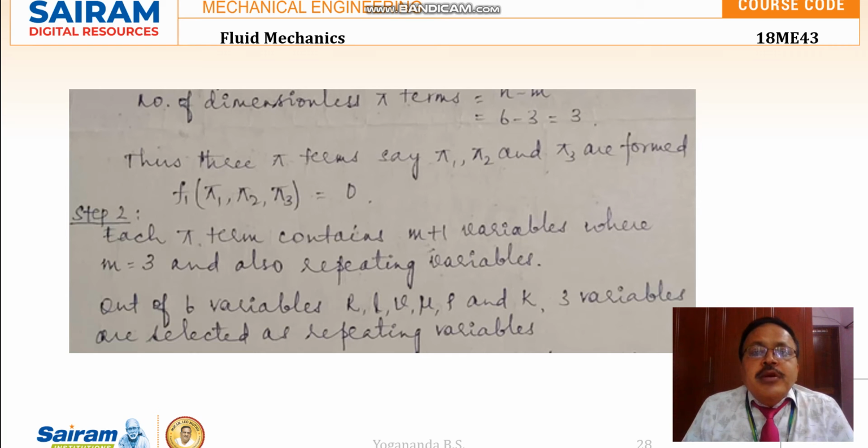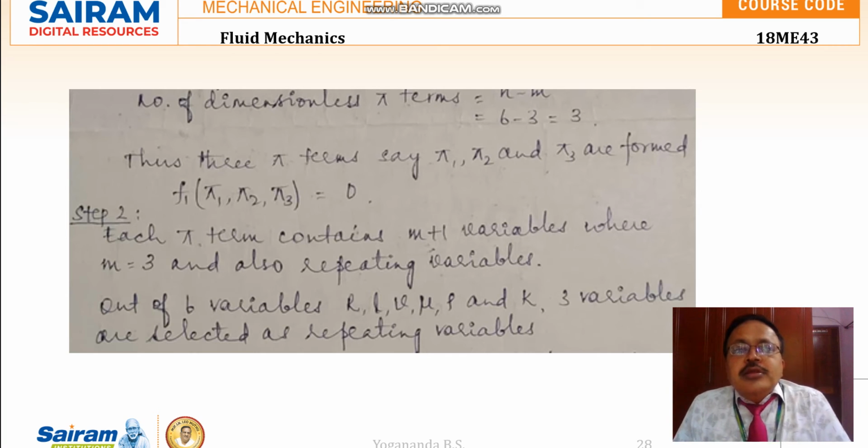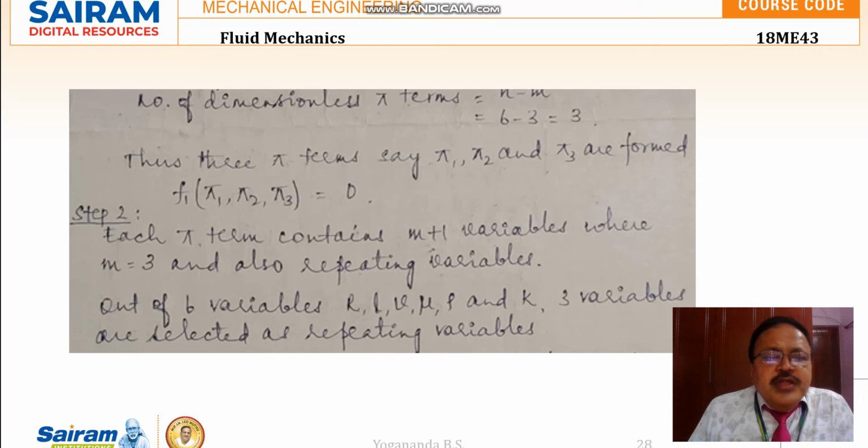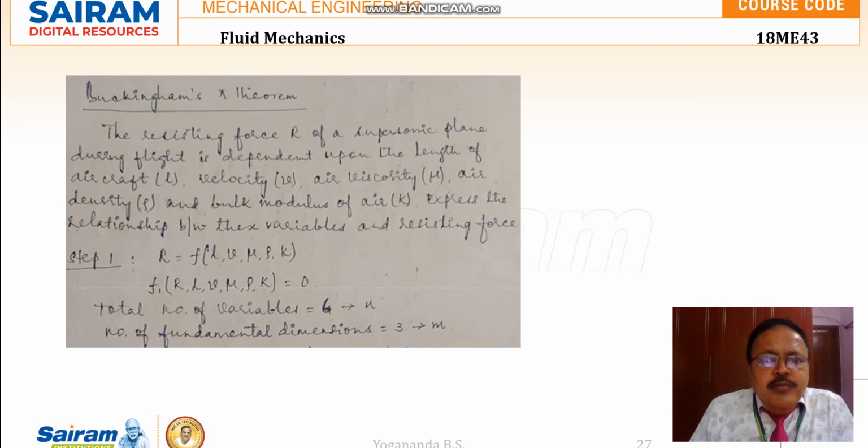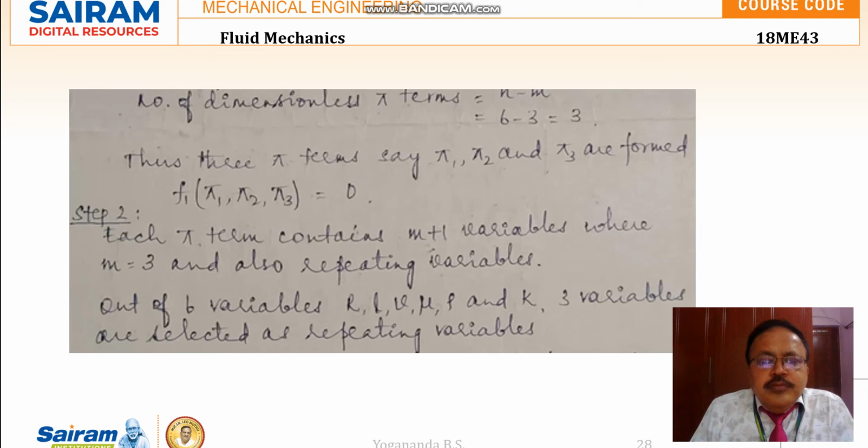In the second step, we have to make sure that each of these 3 pi terms will contain M plus 1 variables, where M is equal to 3, including the repeating variables. Out of the 6 variables R, L, V, mu, rho and K, we have to select 3 variables as repeating variables.